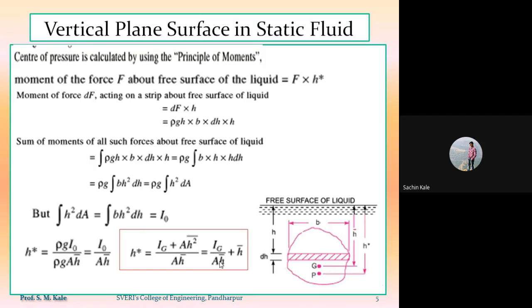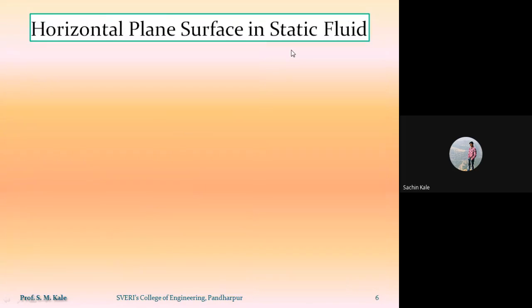F depends upon rho, whereas H star does not depend upon rho. Are you getting? So that is related to the vertical plane surface in a static fluid.